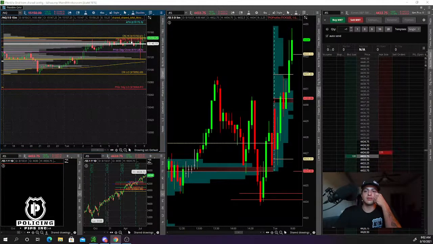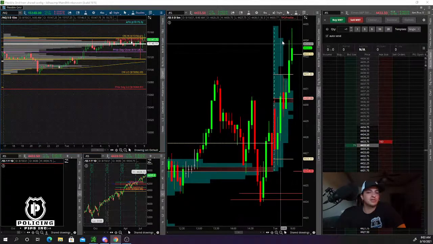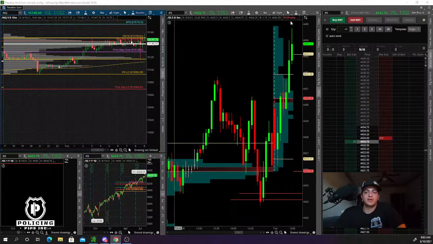Pushing down a little. Give this a little bit of room to breathe. For now, I don't think it's going to reject totally. I need to move these stops to break even soon if I can get it above there. Let's see if this will show me any prints on the NASDAQ.